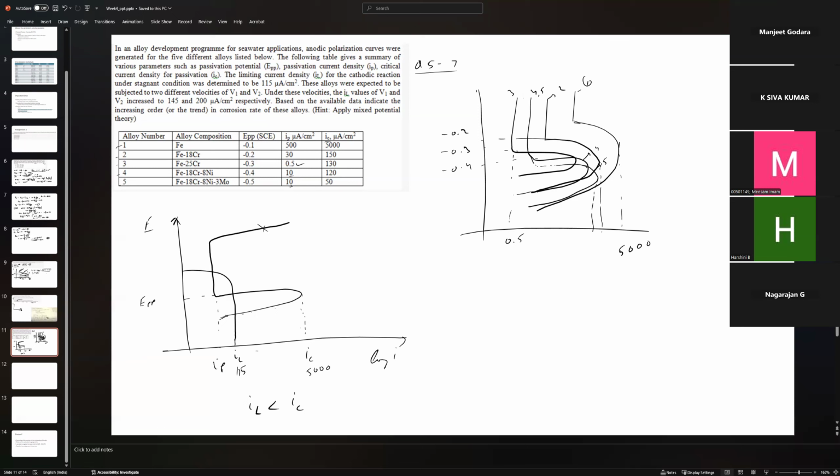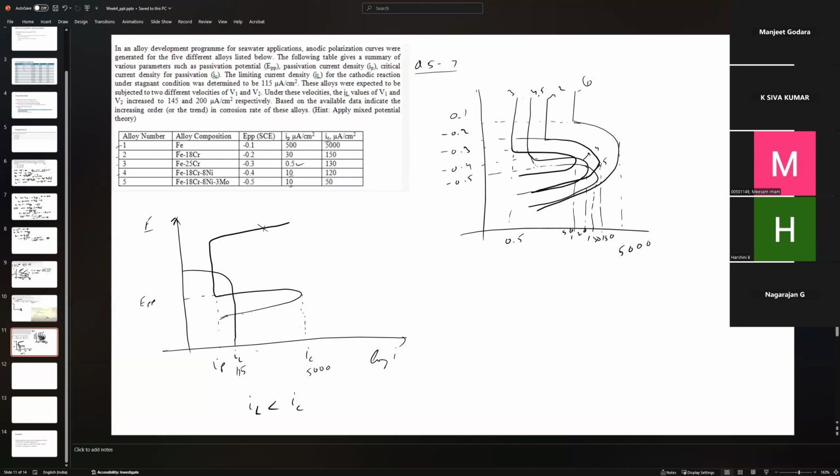The second one has 150, this is 130, this is 120, and this is 50. This is 0.1, and this was 0.5.